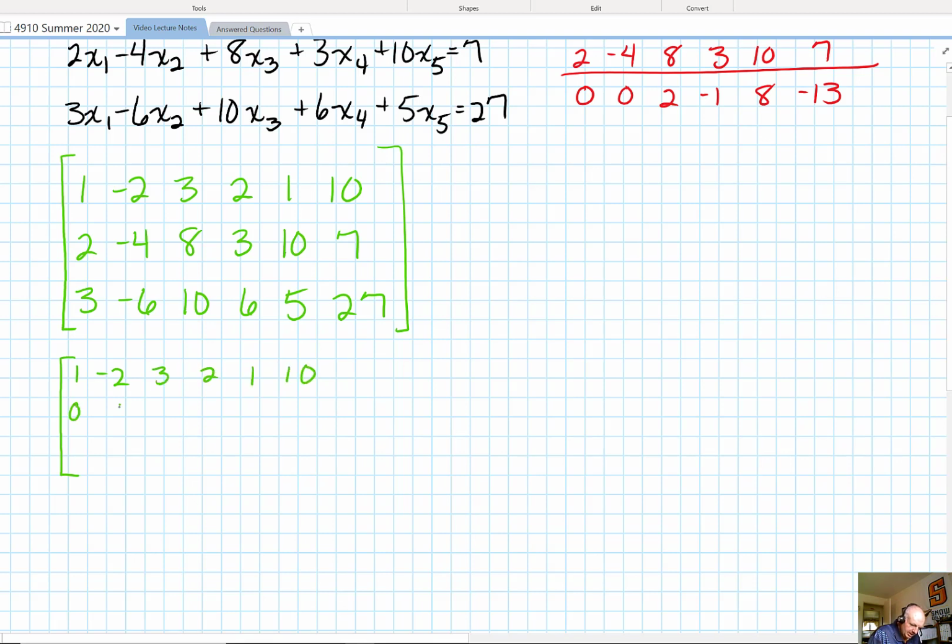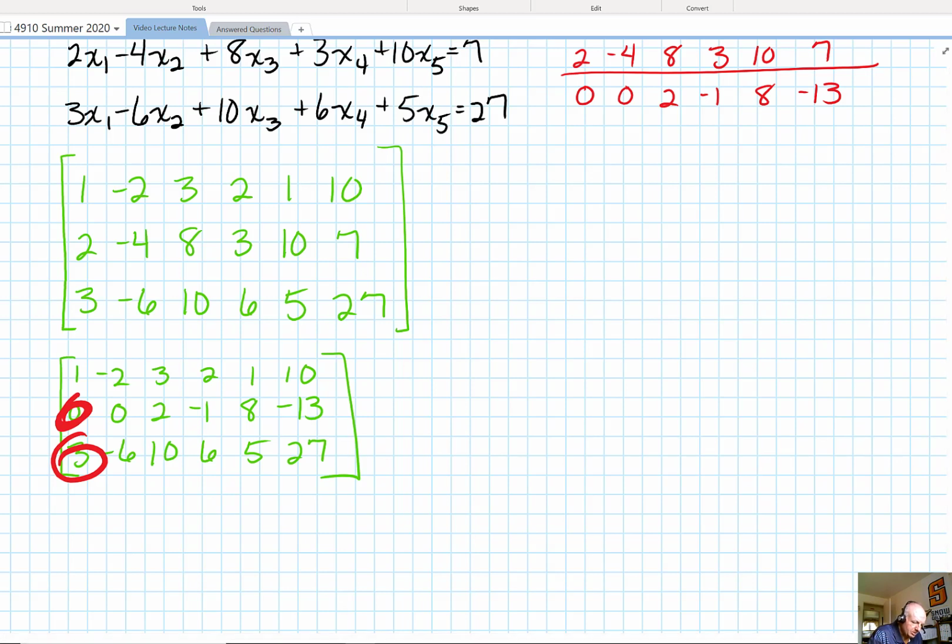New row 2 looks like this. Row 3 is unchanged at this point. Okay, so we've got the 0 right there where we want it. Now we want to get rid of this one.